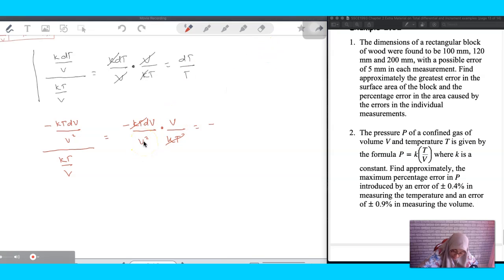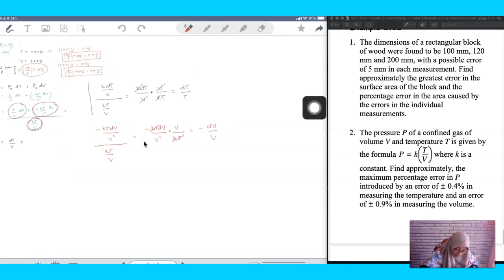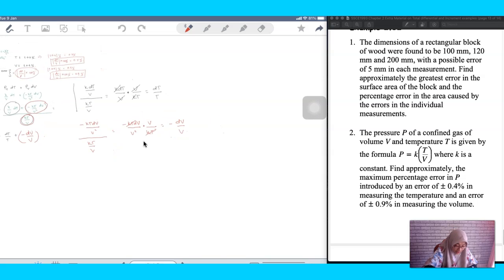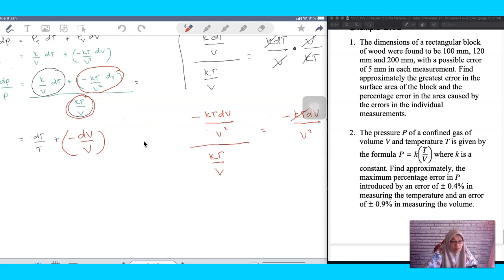So you have only negative dv over v. That is the second term. So now you put the second term here, negative dv over v. That is for the relative dp over p that you have so far.